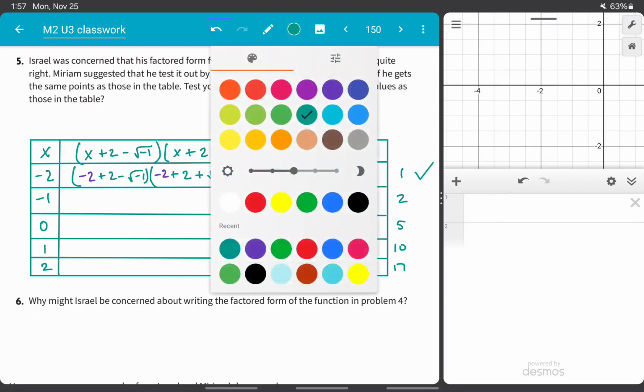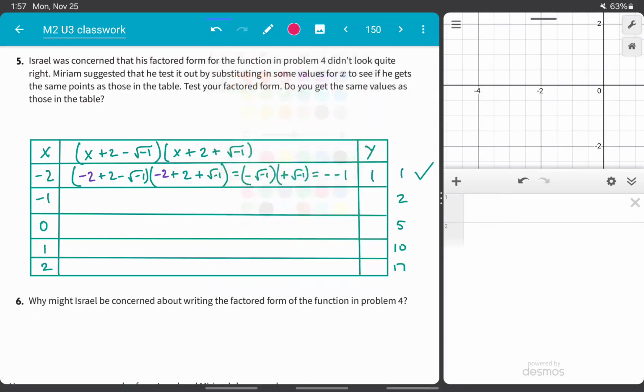Okay, let's try another one. I'm going to use a different color this time. Let's plug in a -1 here. So I'm going to have -1 plus 2 minus square root of -1, and -1 plus 2 plus square root of -1. All right, so -1 plus 2, well, that's 1.